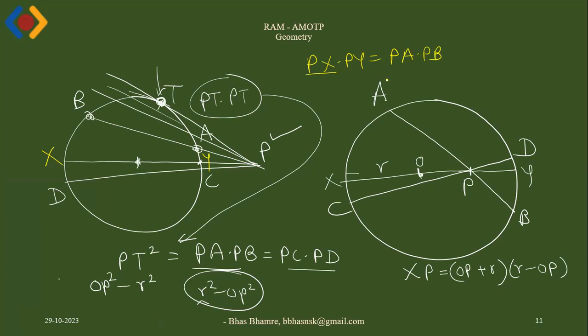PX is OP plus R, and PY is OP minus R, which is PA times PB, and therefore PA times PB is OP square minus R square. If interior, it comes like this. Okay, got the idea? Any question?